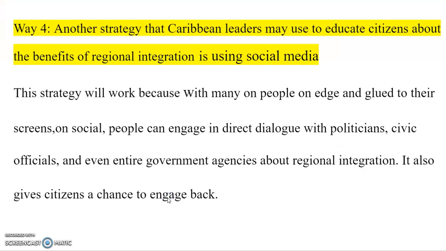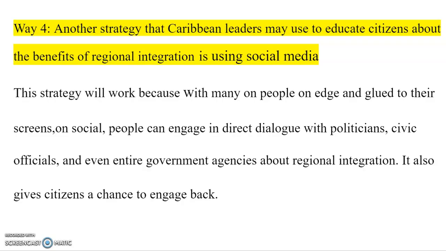Way four, another strategy that Caribbean leaders may use to educate citizens about the benefits of regional integration is using social media. We know that we are living in a world where social media is taking over. It is the main means of communication for government and for citizens, right?